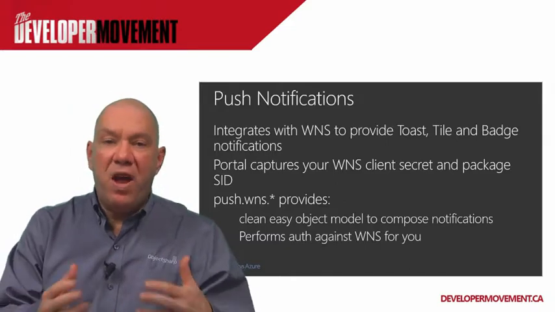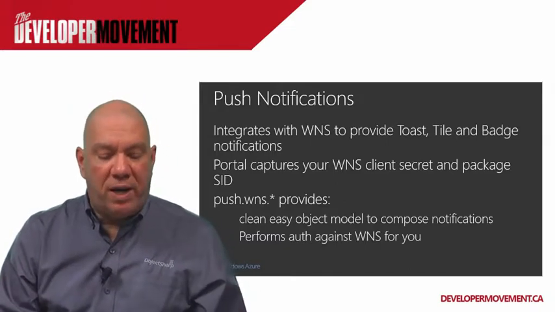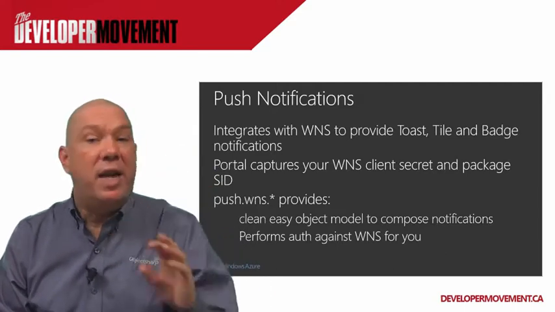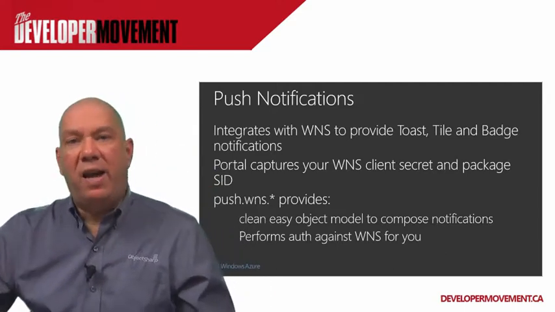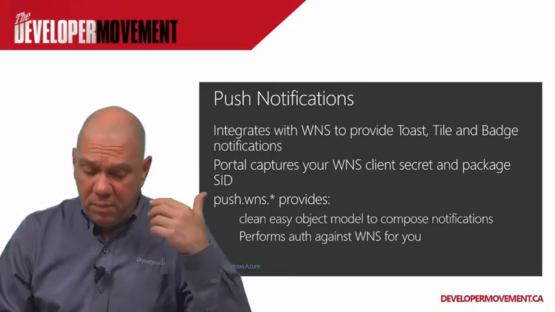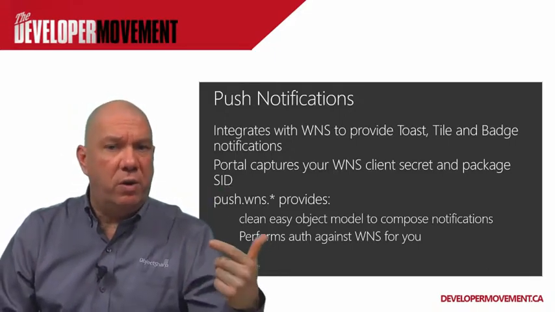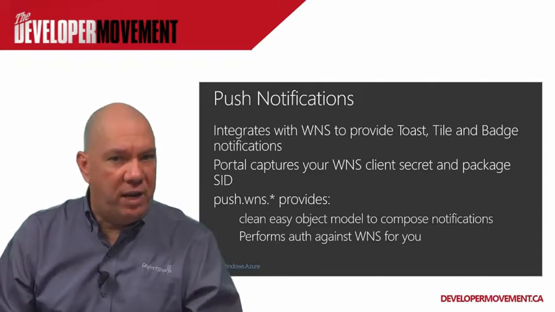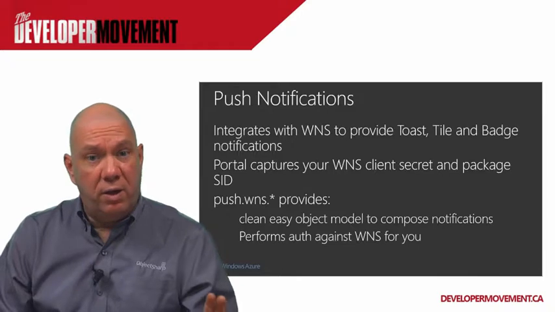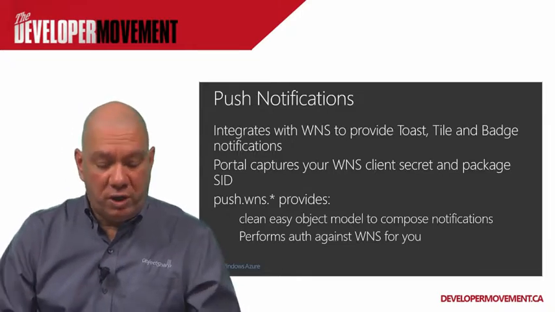And it's a very simple model to make it work. It was push.wns.sendToast with the text and the images of what you need to push out there for you. You, as the writer of the server-side script, didn't have to handle the authentication. It's automatically handled as part of the method you called on push.wns.